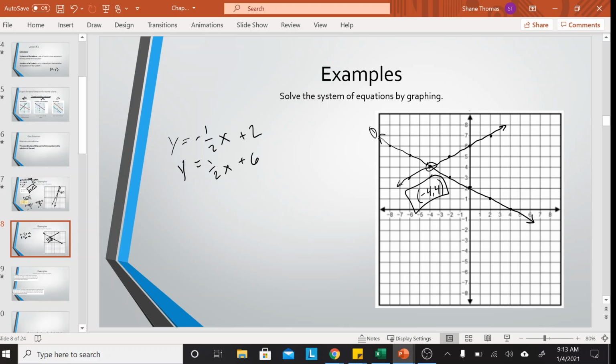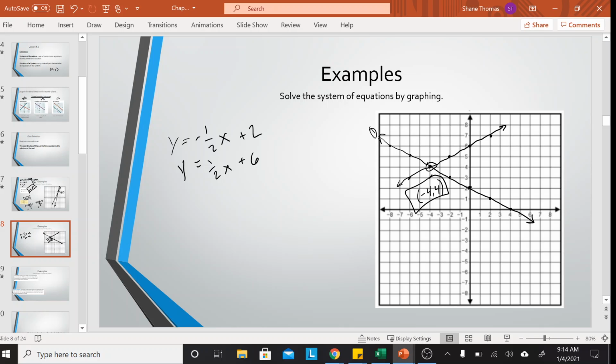Yes and no. Okay, I'm probably just gonna do it this way. So what you're going to find, there's very specific types. This style here, where you have y equals and y equals with smaller numbers, solved by graphing is pretty easy.